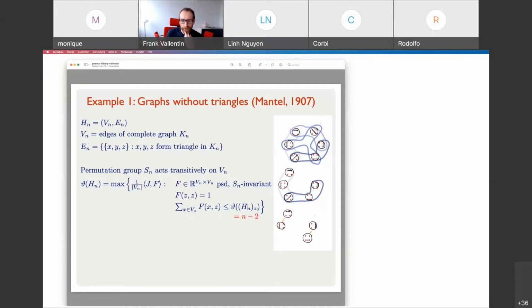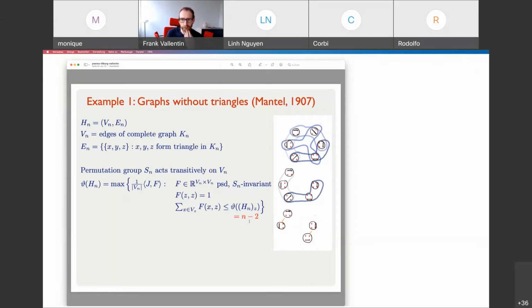If you look at the link graph itself, in this example, this is just a matching. And this is also true in general if n is larger. Then the theta number of this matching graph is equal to the independence number, and in this setting that is just n minus 2.